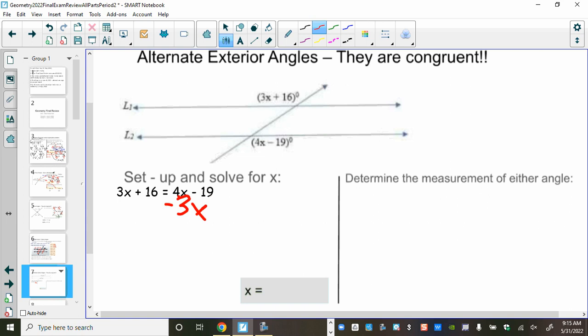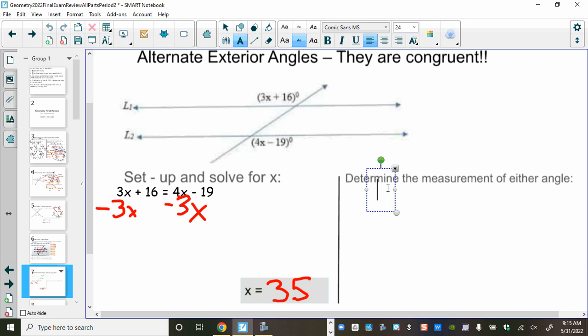So in the end, what did we get for the X? 35. 35 was X. And then what did we get for the angle? So 3 times 35 plus 16 is 121.